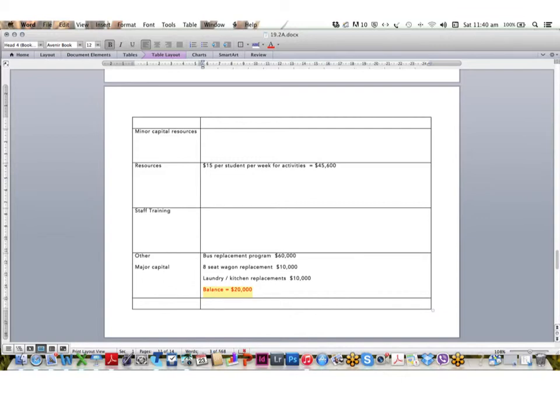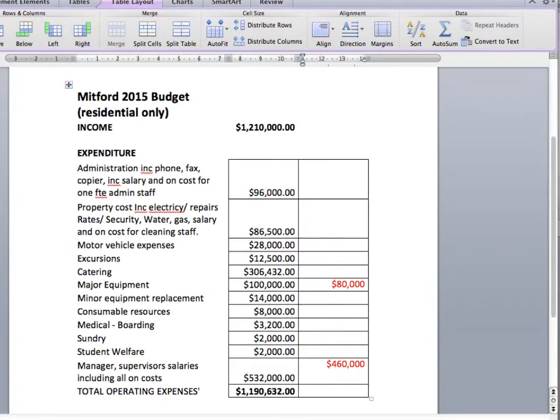Just going back to our budget, I've added another column onto it, and I've said major equipment is going to be $80,000. So that means I've got $20,000 spare there, and down the bottom you can see the salaries, and I've got some spare money there now.